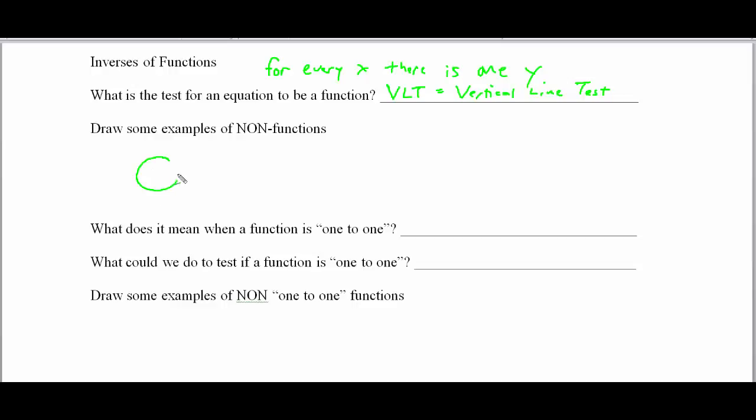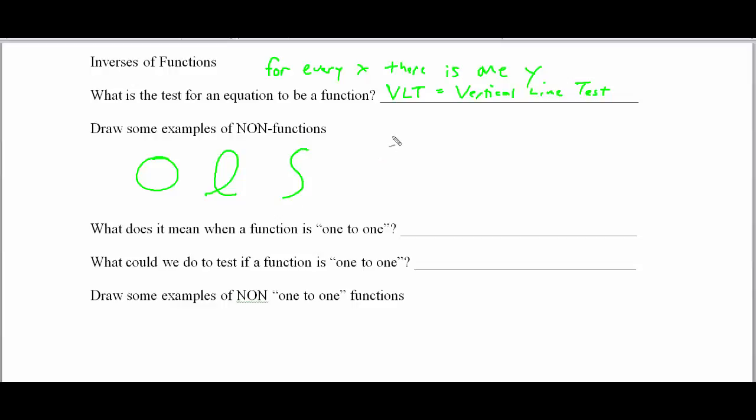But a circle would fail the vertical line test because a vertical line would hit the circle in two different locations, from left to right. A loop also, like a corkscrew or a roller coaster, like the Maverick at Cedar Point, where it has a greater than 90-degree curve, that vertical line would hit it in several places, so it would violate the vertical line test.